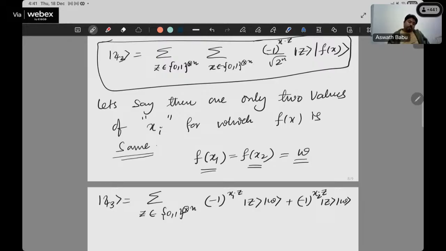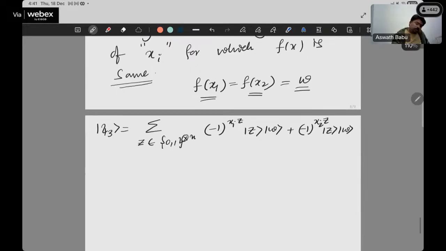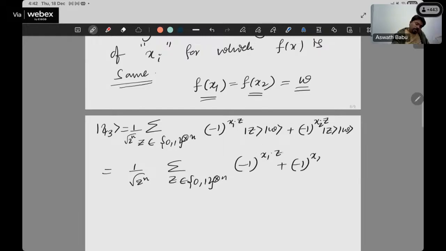So this is the function. We missed 1 by 2 to the power of n, which can come out: 1 by 2 to the power of n, summation over z, minus 1 to the power of x1 into z plus minus 1 to the power of x2 into z, z tensor w. So this is my psi 3.